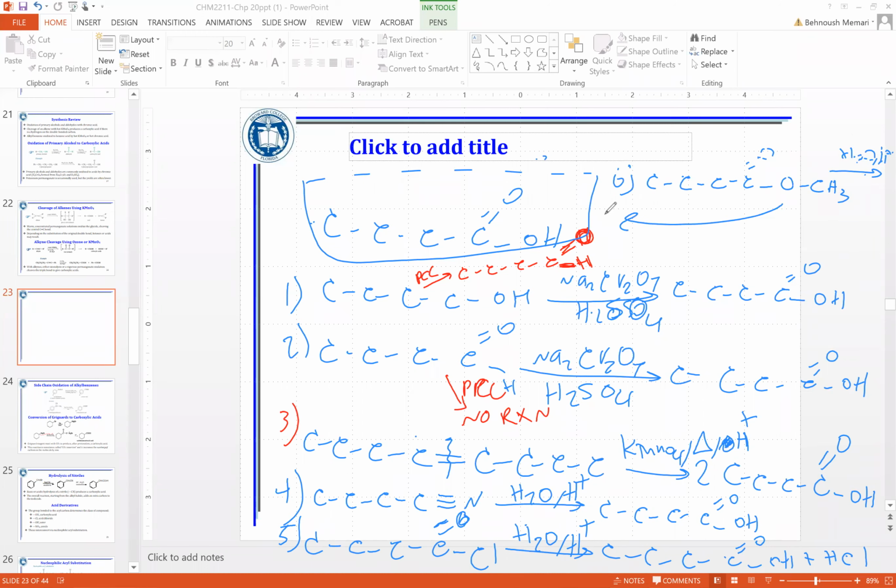So you have different methods to prepare carboxylic acid, from oxidation or from substitution.